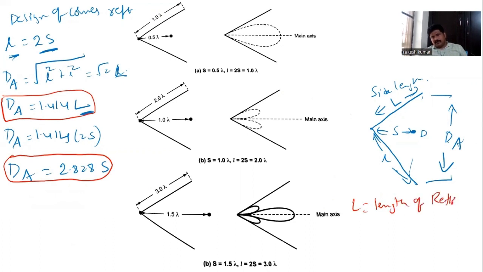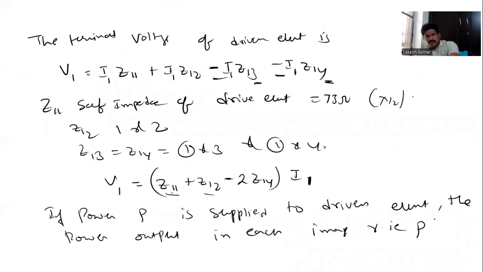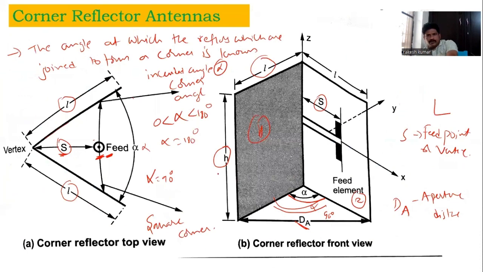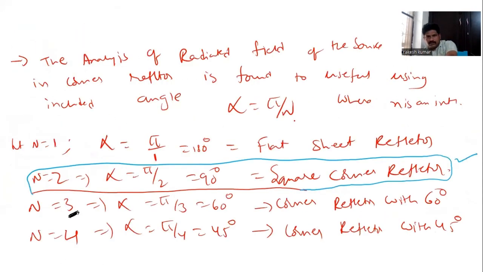And DA is the aperture dimension. From here to here, we call it the aperture dimension. I have already shown here, this is my DA from here to here, this is the aperture dimension, and this is L.